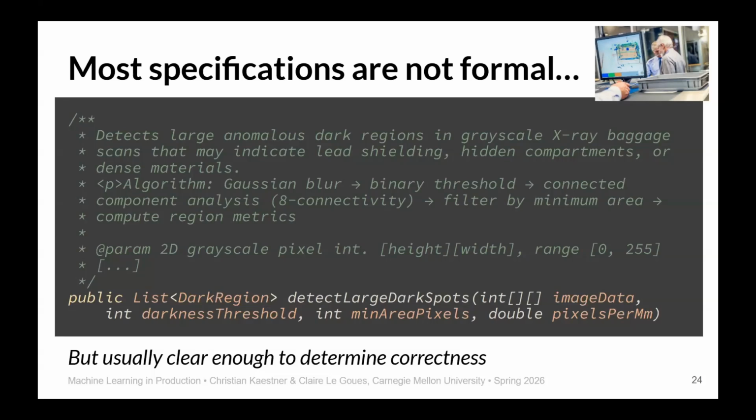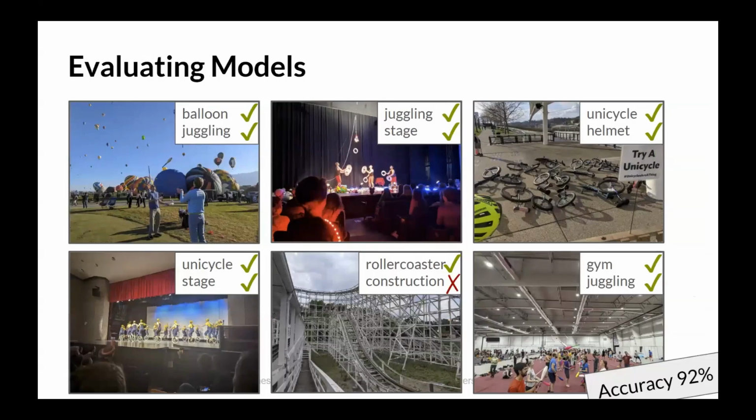We can generate a lot of images and see, according to the specification, is there a dark large spot or not, and test it. And we can make sure that this is correct if we don't use machine learning, right? If we have a deterministic algorithm of how to detect clusters of pixels. This is not how we test models.